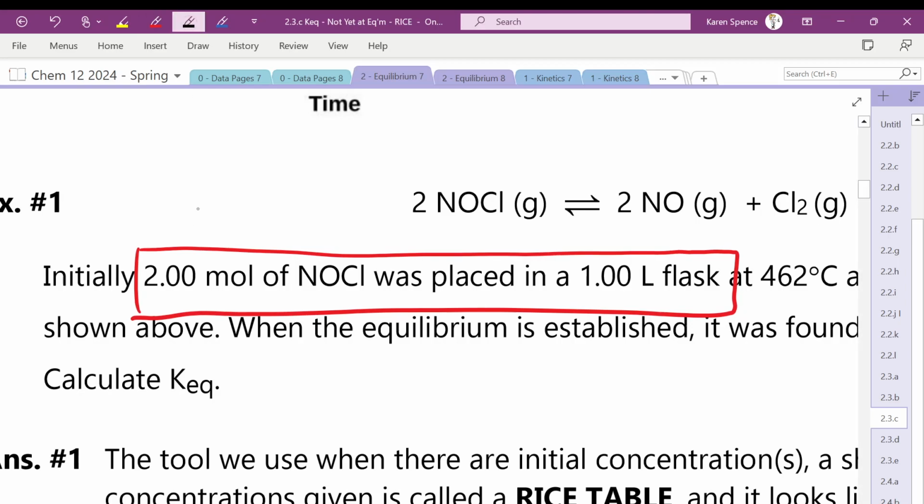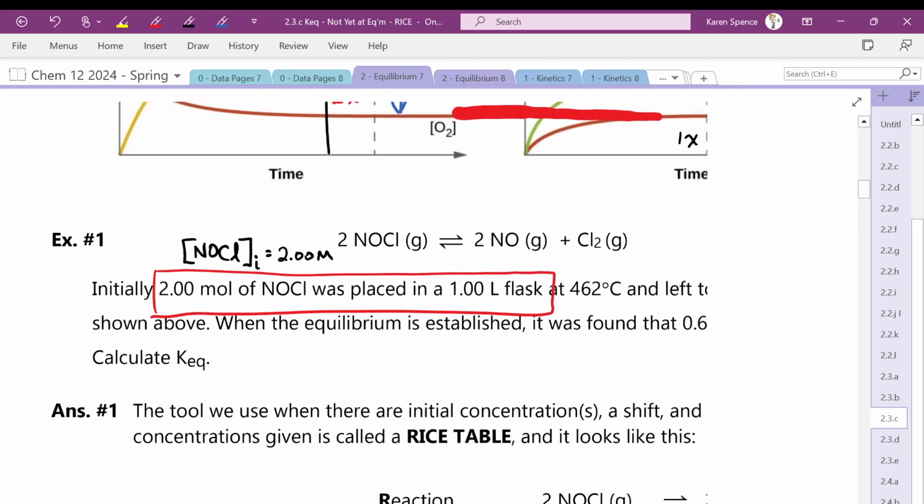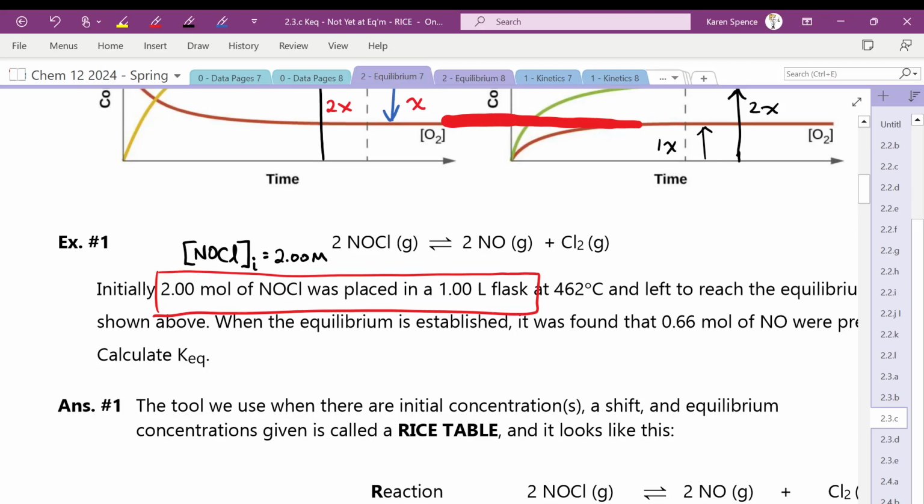So what that means is our initial concentration of NaOCl is how much? 2 molar. Okay. So we place that in a flask.